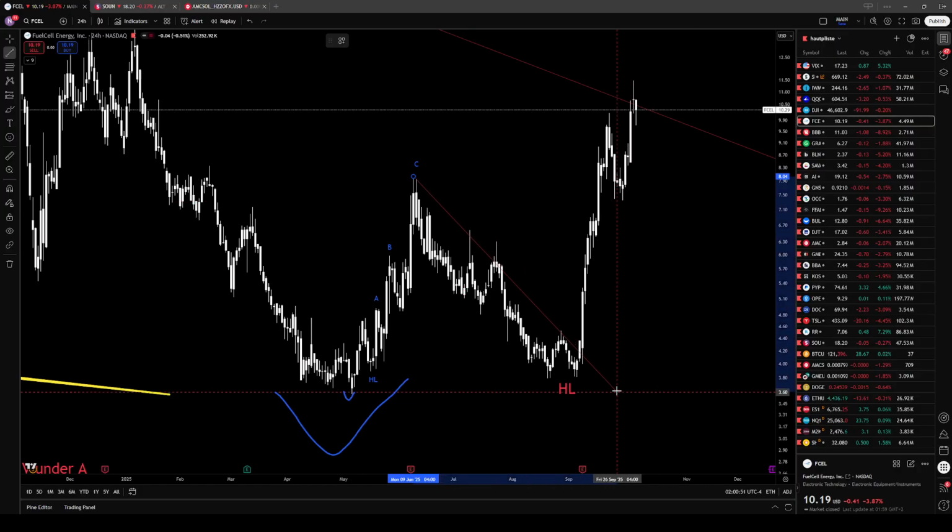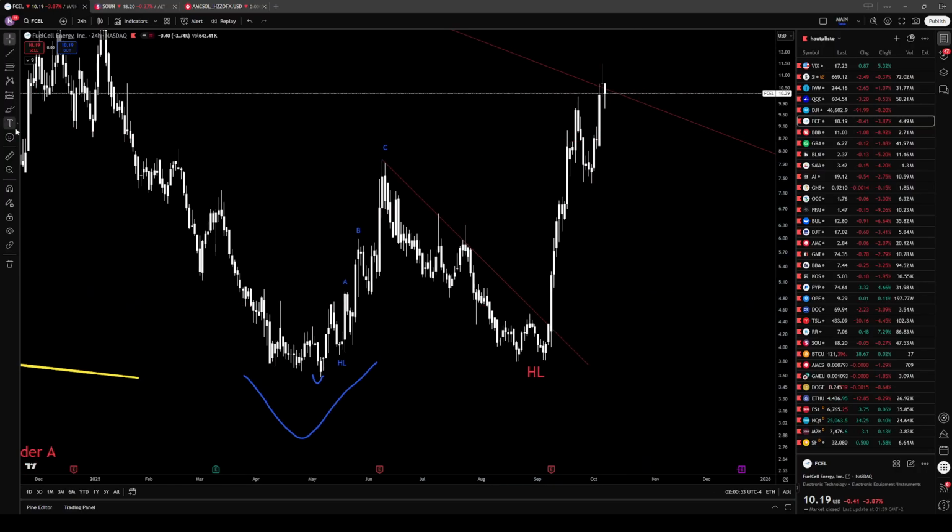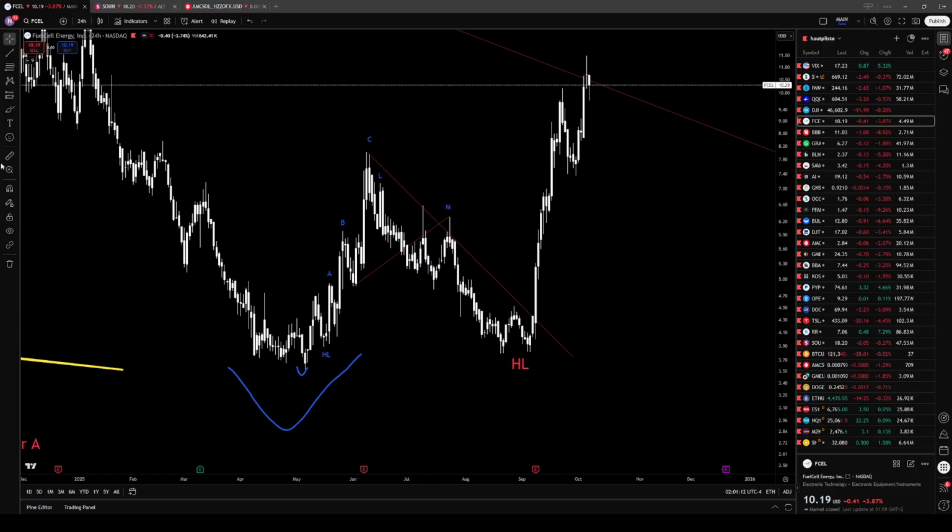Then you put in a trend line again. And the trend line for M would be this. So most likely your lower low would be this. Your M would be this.